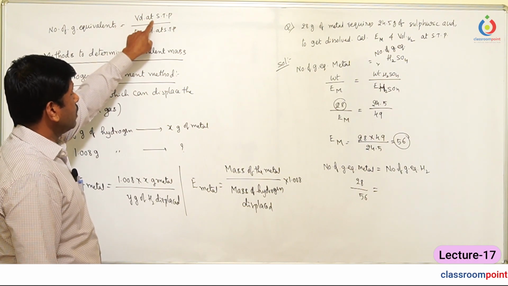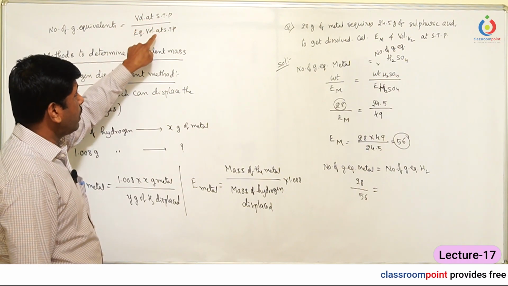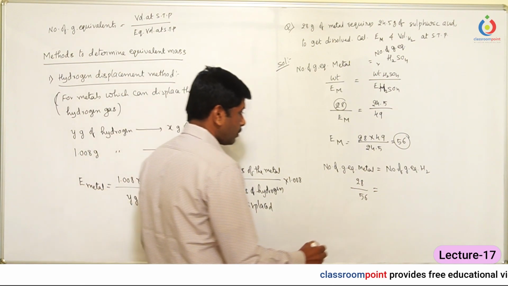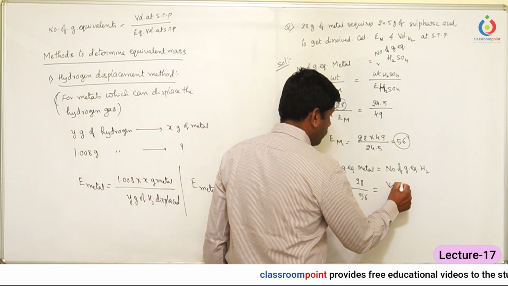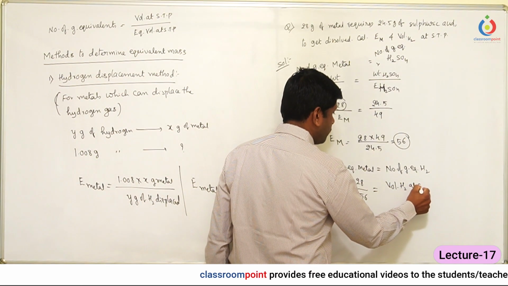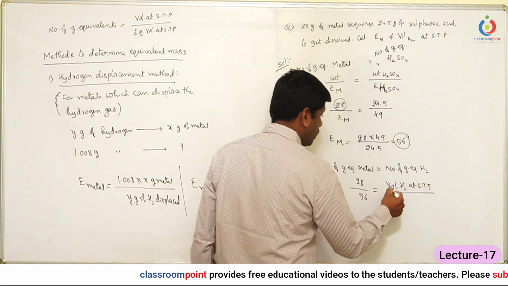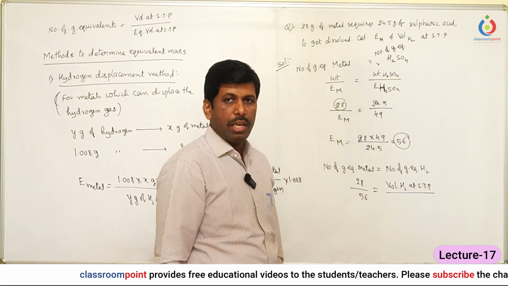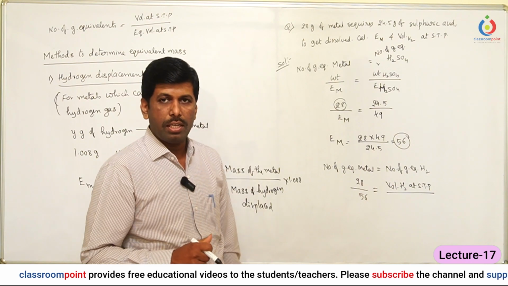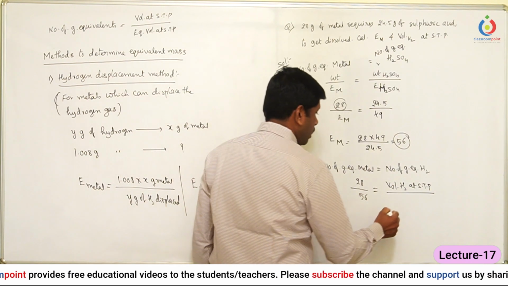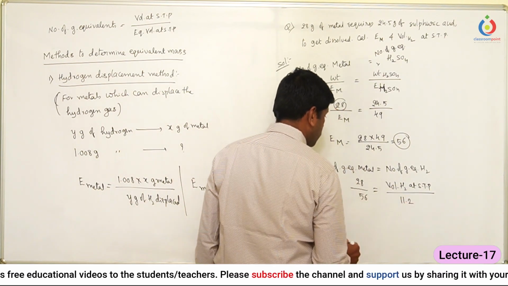So the number of gram equivalents of the hydrogen, from this formula we can use, is the volume of the gas released at STP divided by equivalent volume. So the volume of H2 that we are expecting to liberate at STP divided by the equivalent volume of hydrogen, which we calculated in the beginning of the class, that was 11.2 liters.